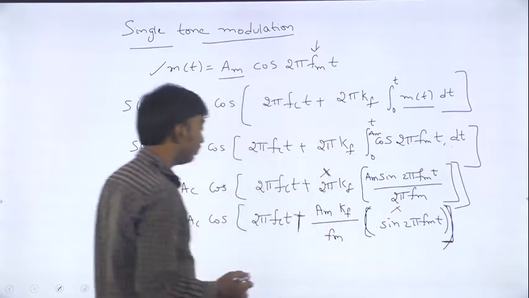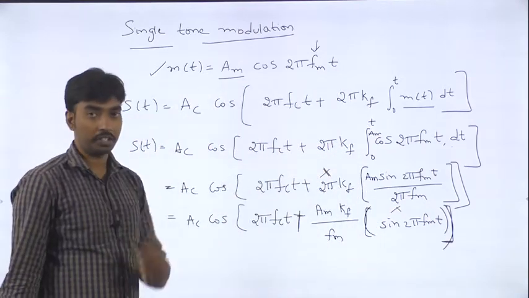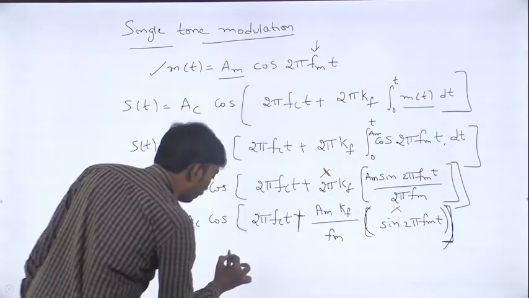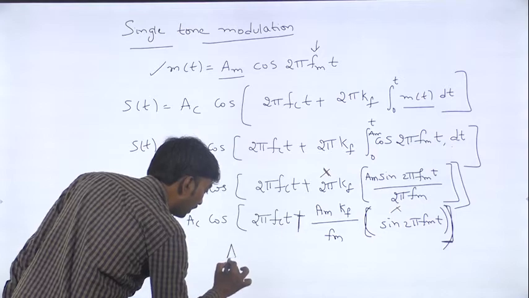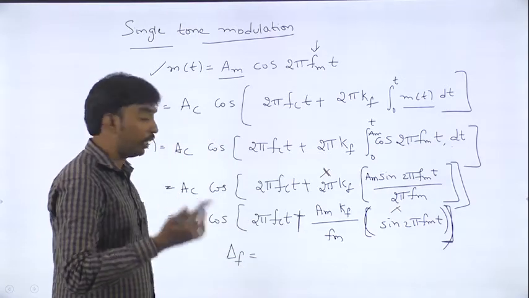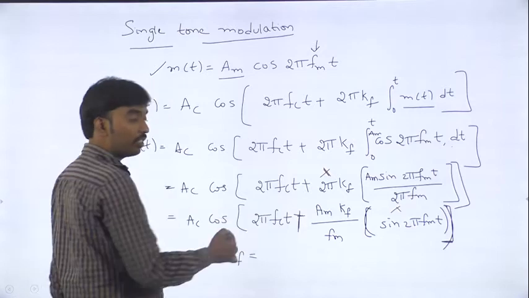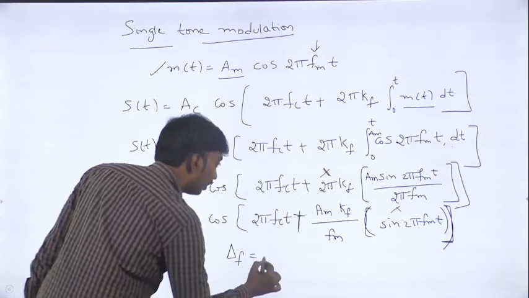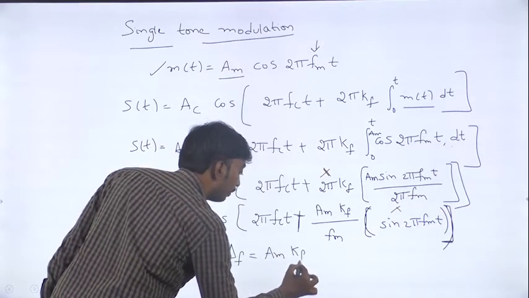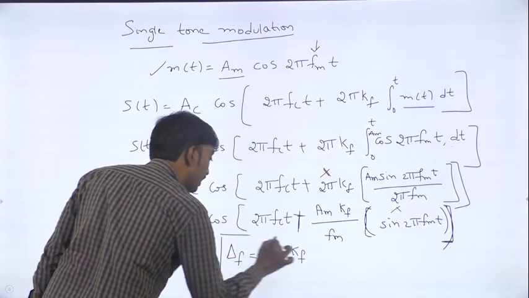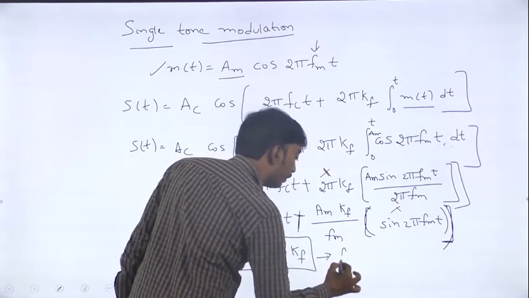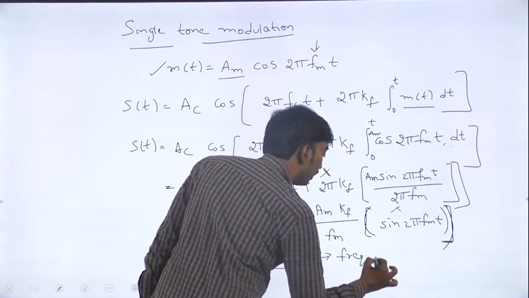Now this is your single tone modulation expression. Now this am into kf, I can call it as frequency deviation. Based on that, the total frequency changes, right? That's why this is am into kf. Kf means frequency sensitivity. Delta f means frequency deviation.